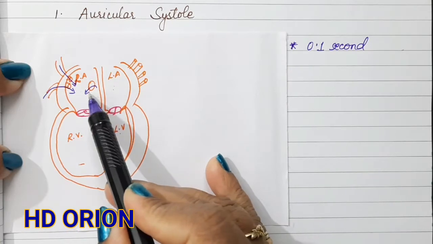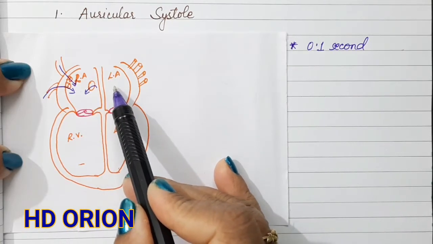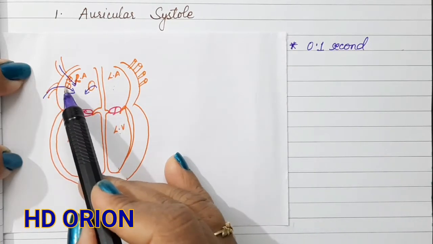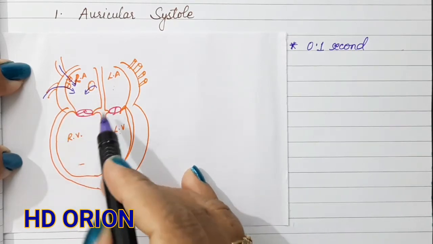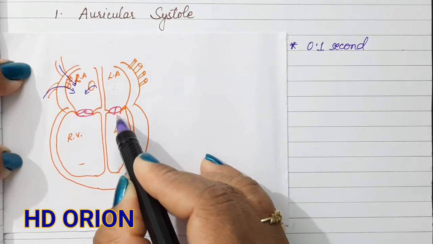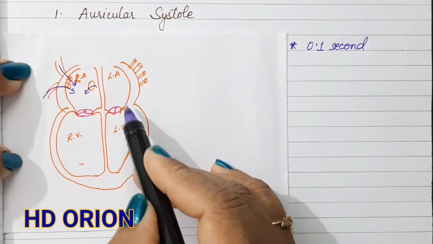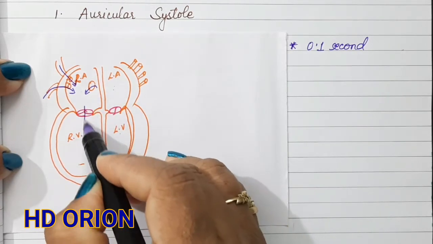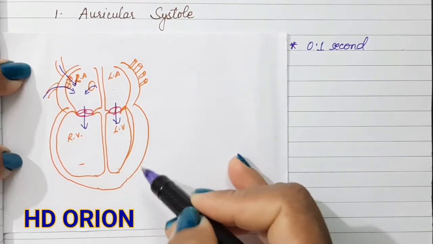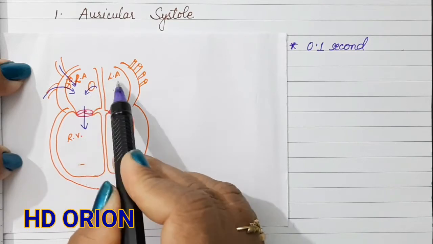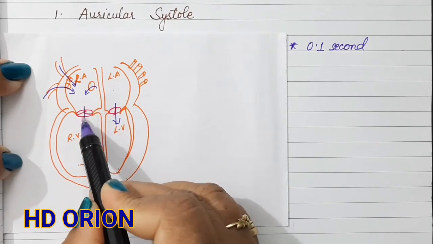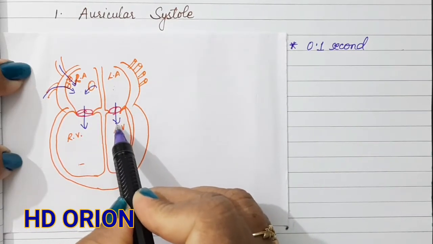The two auricles contract, and when the pressure is built up, the tricuspid valve and the bicuspid valve open, allowing the blood to come into the respective ventricles. Because of the systole, the contraction is taking place and the blood is moving into the ventricles.